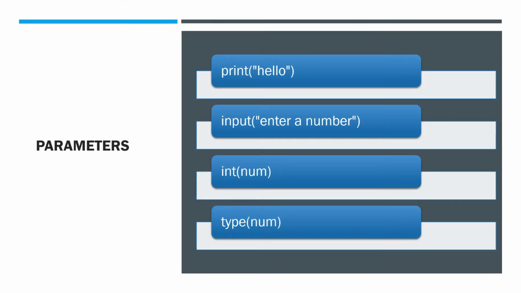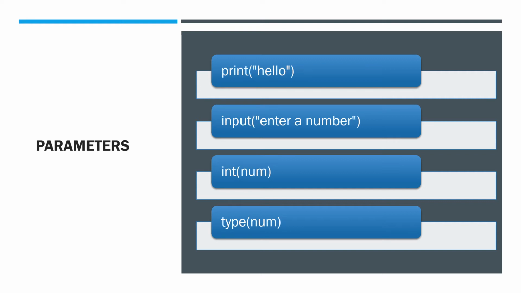The value which goes into the function is called the parameter of the function, and the parameter of a function is given inside the brackets that follow the function name. The print function has a very simple parameter. It's the expression that you want to print out.